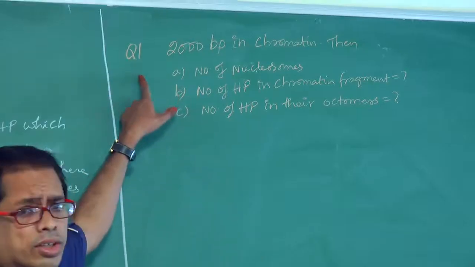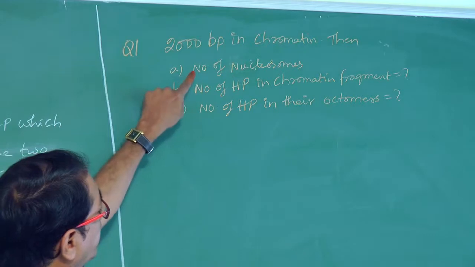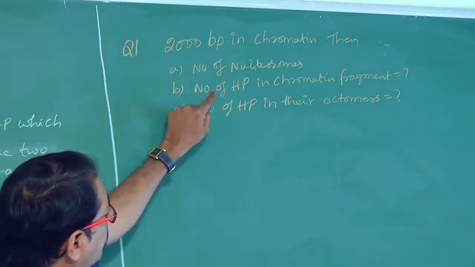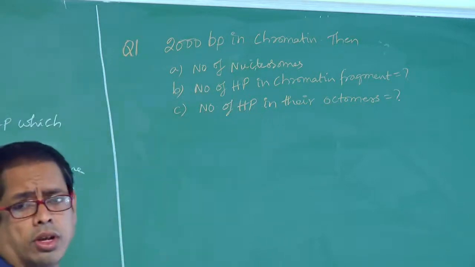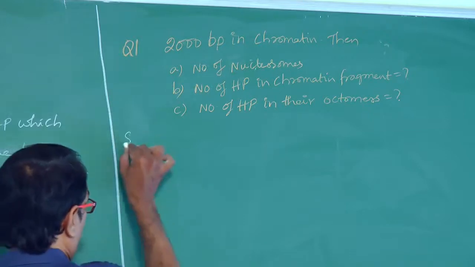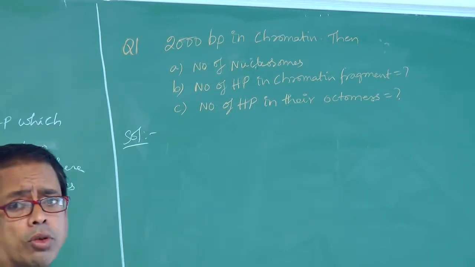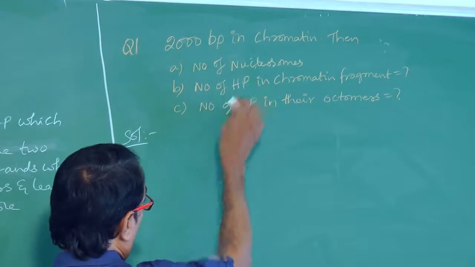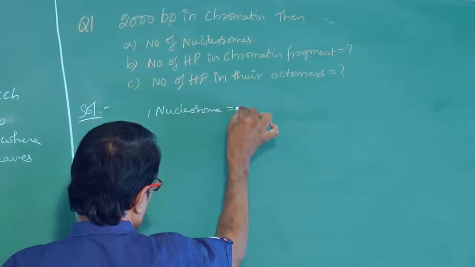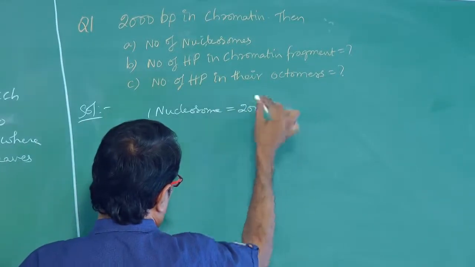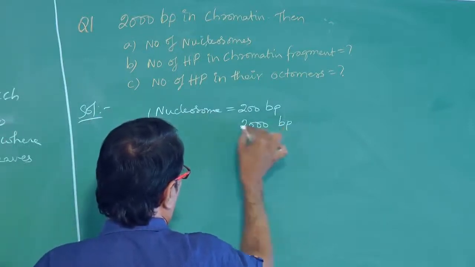Look here, my dear students. There are 2000 base pairs in chromatin. Calculate the number of nucleosomes, the number of histone proteins in the chromatin fragment, and the number of histone proteins in their octamers. How can we calculate? 2000 base pairs are found in chromatin. First, the number of nucleosomes. One nucleosome contains 200 base pairs, and 2000 base pairs are given.